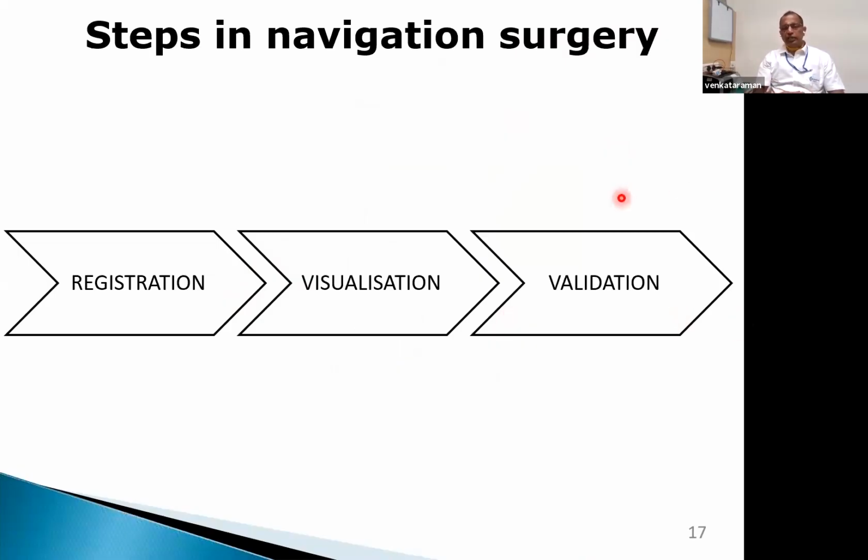And validation is nothing but correlating the generated image to see whether it matches the actual patient anatomy which we are going to operate on. This validation is a constant check process, where we have to keep validating throughout the surgery, and particularly in important steps like implantation or cementation in a joint, so that the generated model keeps replicating the actual anatomy of the patient.